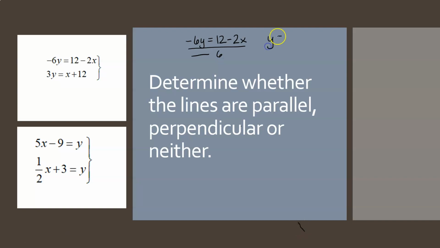So we have y equals positive 1/3 x minus 2. So this one, if I divide everything by 3, will be y equals 1/3 x plus 4. So we look at our slopes, they're the same. So we know that they have the same slopes, they're parallel.